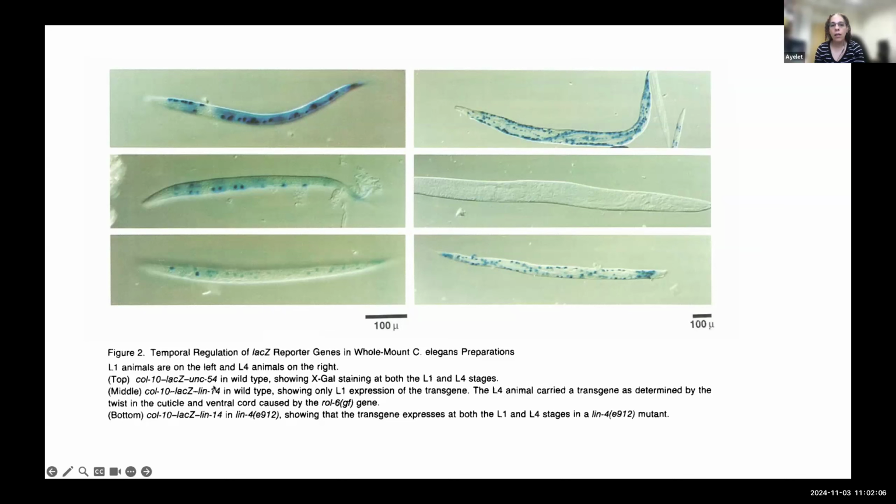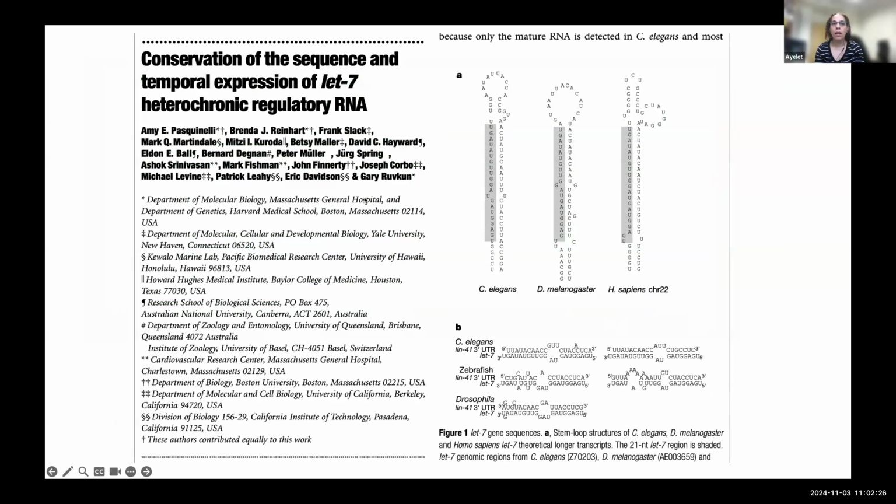And also what is really important is that it's not the protein sequence itself, but it's the 3' UTR that is very important. So these two papers were the foundation of identifying the microRNAs and how they work. And again, in 2000, Gary Ruvkun actually published another microRNA, Let7, which is also a heterochronic regulator.